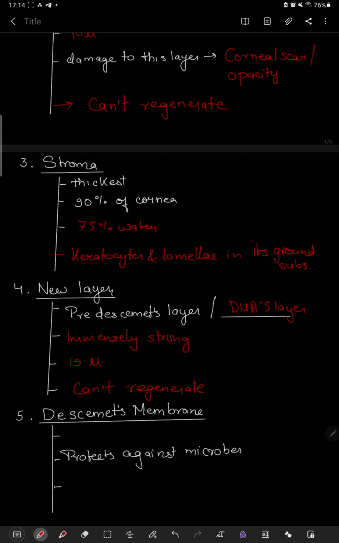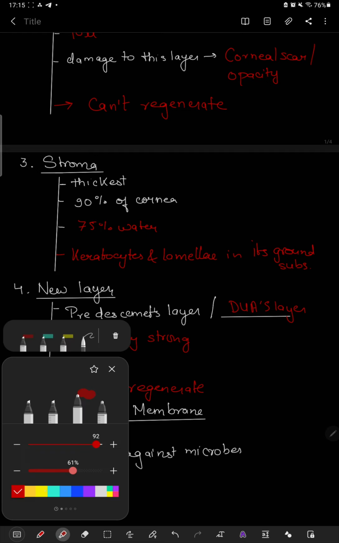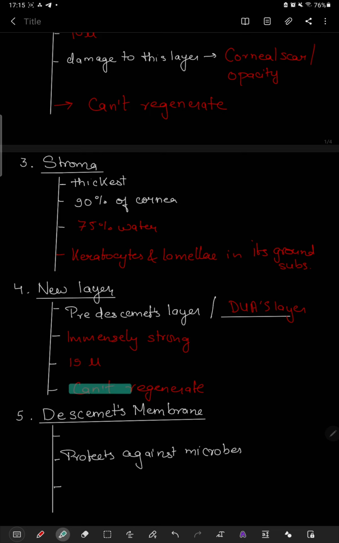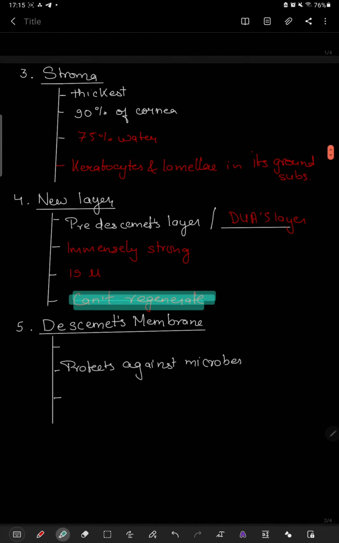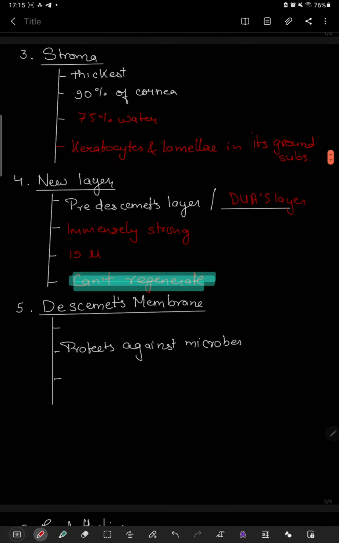So till now we have two layers that can't regenerate on their own. What are they? One is this Dua's layer, okay, and another is the second layer, Bowman's membrane. Hope that's visible to you.